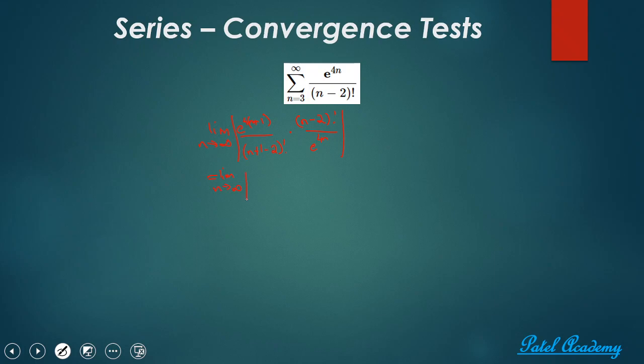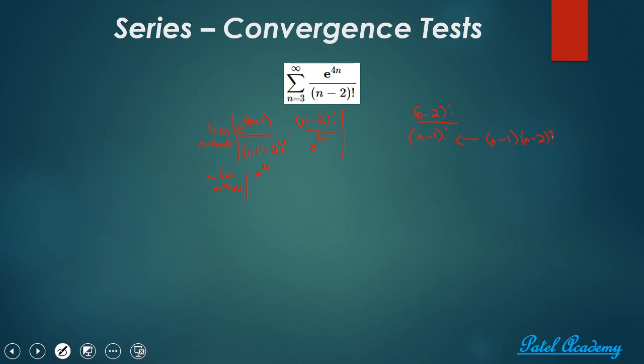So, e to the 4n plus 4 in this case, because when I distribute the 4n, divided by e to the 4n, that will just get me e to the 4. Now, n minus 2 factorial over n minus 1 factorial. Well, this bottom part, remember each time we're subtracting 1, so this is n minus 1 times n minus 2 factorial.